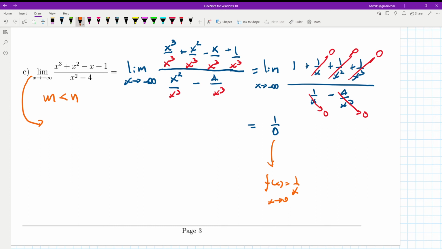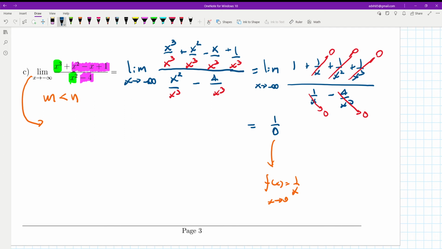Well, in this case, it's going to be negative infinity because, well, another way to look at this one is to neglect the lower degree terms. Neglect all these terms, right? Just call it a day for those terms and focus only on the leading terms.